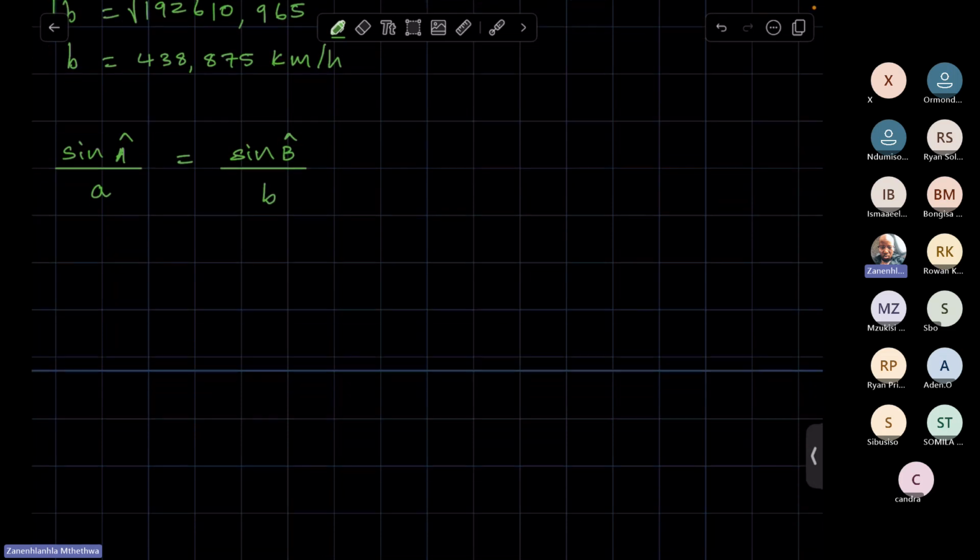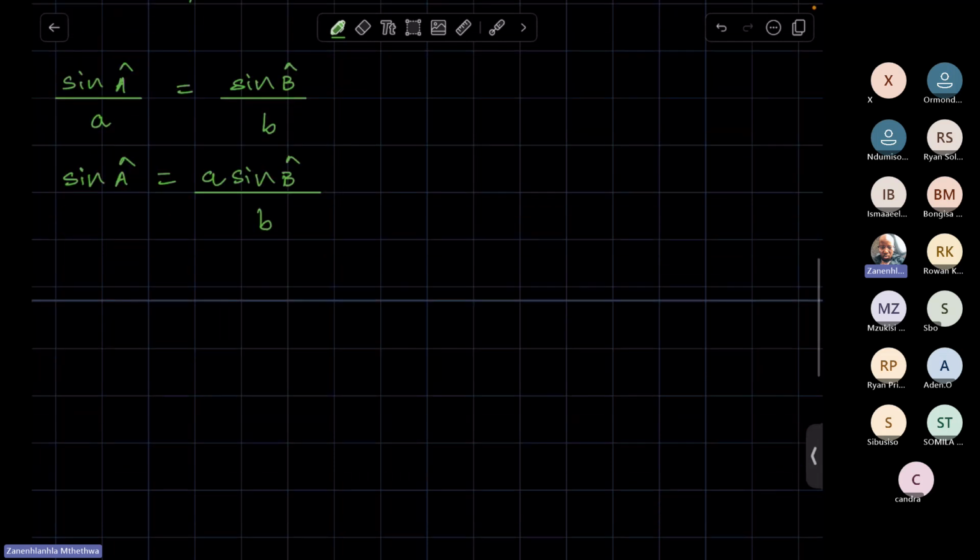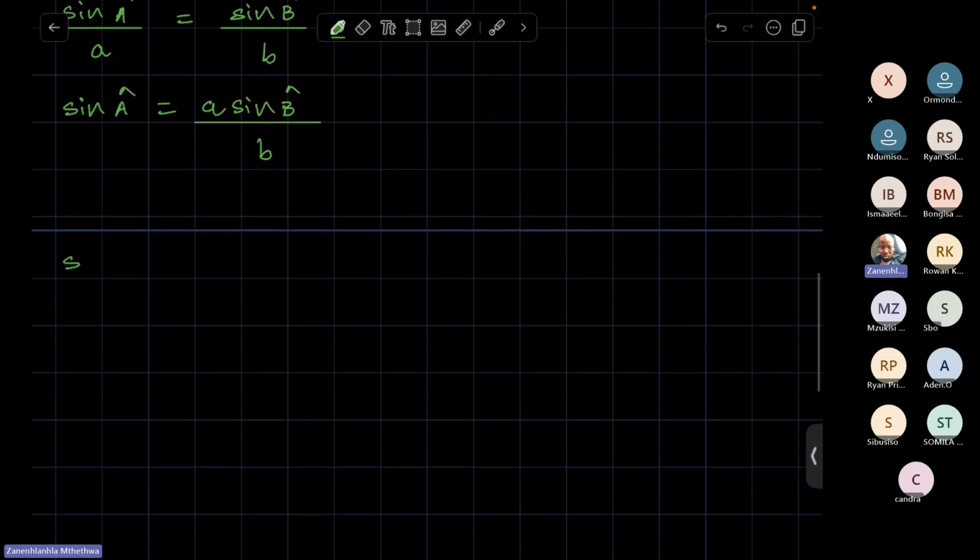We're looking for angle A. So we multiply both sides by A, hence this side will be left with sine A is equal to A sine B divided by side B. We are looking for the angle A. So to get A, we need to calculate the arcsine of this here.